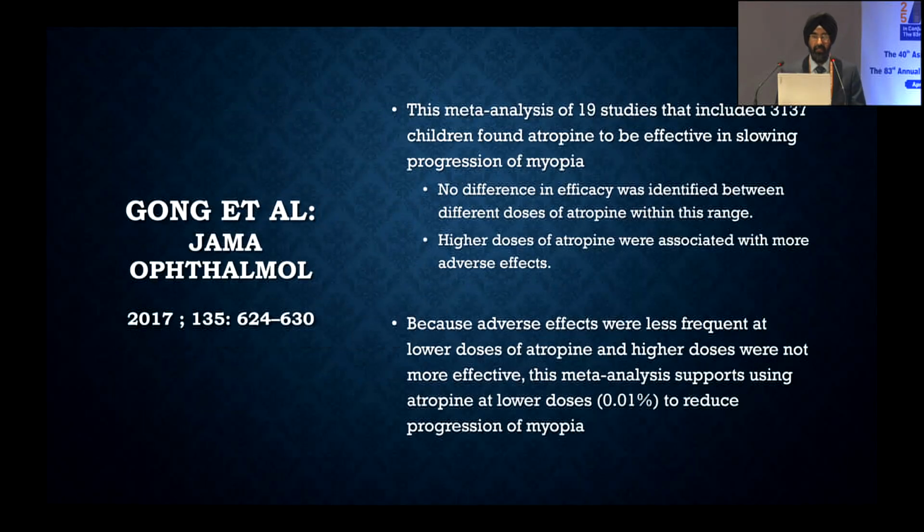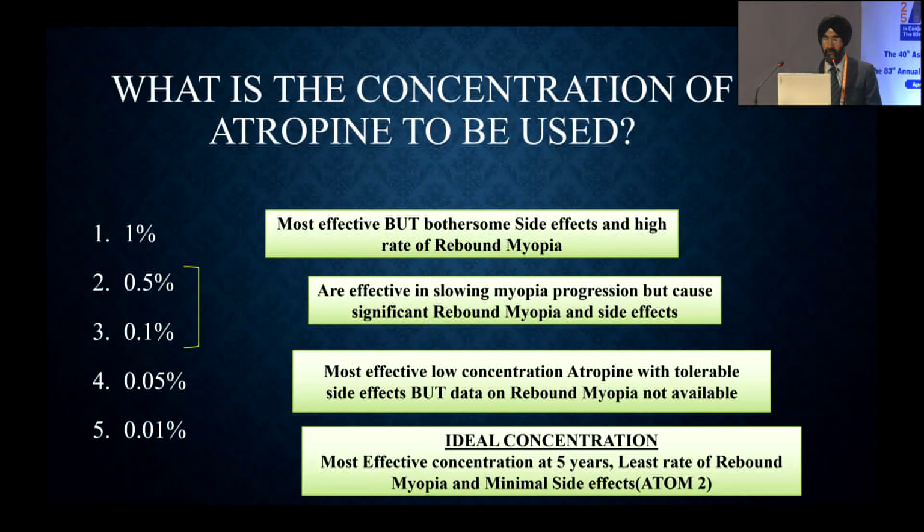In one of the largest meta-analyses, published in JAMA, they concluded that adverse effects were less frequent with lower doses of atropine, and higher doses were not more effective. So basically, they advocated that 0.01% would be a better option in children with progressive myopia. So what is the ideal concentration?